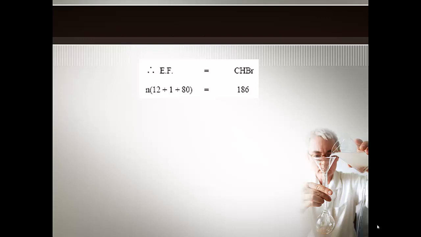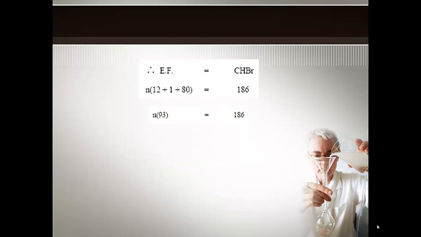So 12 plus 1 plus 80 is actually 93. So n times 93 will be 186. So what is n?